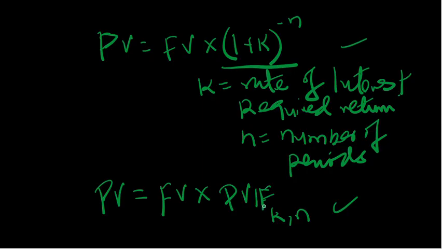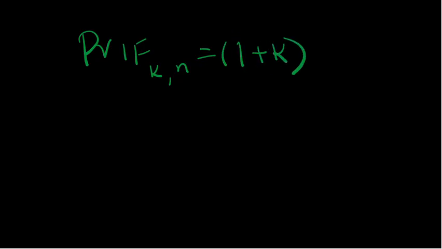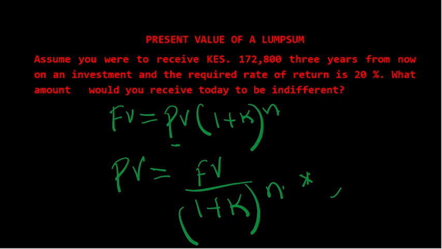But we know at the back of our mind that in getting our present value interest factor at the rate of interest k in n periods, it is (1 plus k) raised to negative n. So in this question, we are told that we are to receive 172,800 3 years from now, and the required return is 20%. What amount do we receive today to be indifferent?